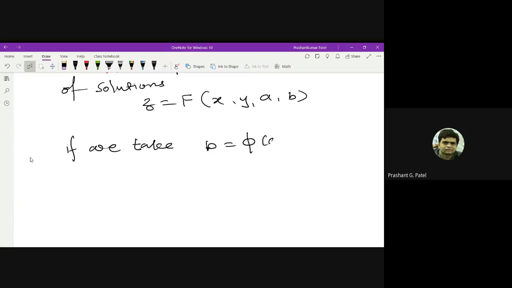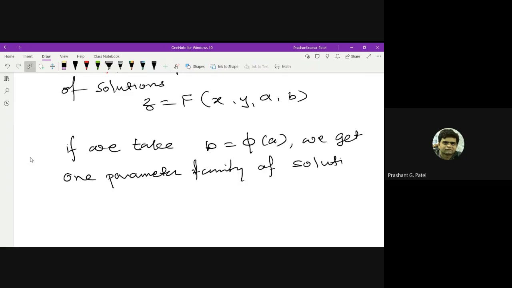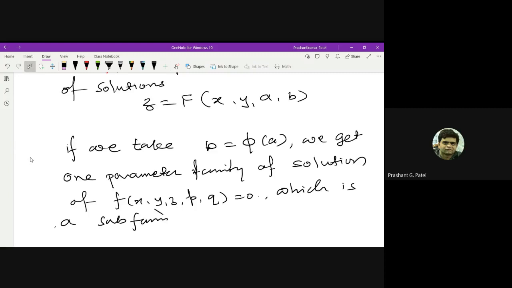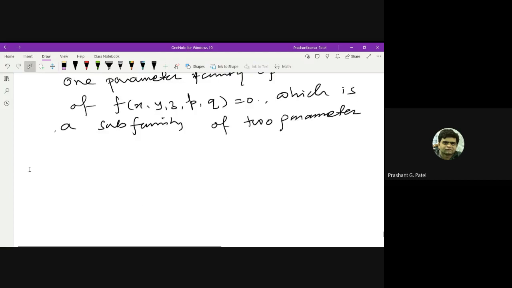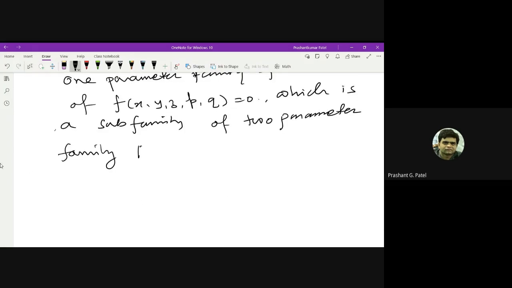b equal to phi of a, that means b is a function of a, we get a one parameter family of solution of equation 1, that is f of x, y, z, p, q equal to 0, which is a subfamily of the two parameter family capital F of x, y, z, a, b equal to 0.